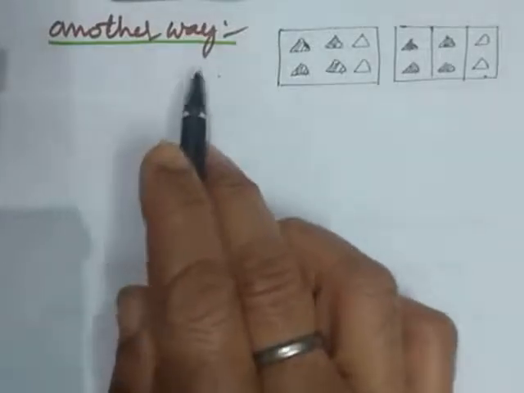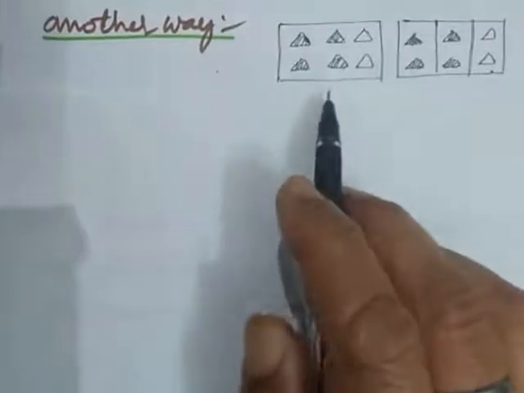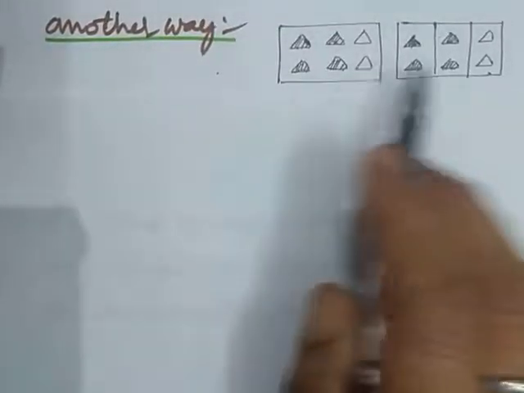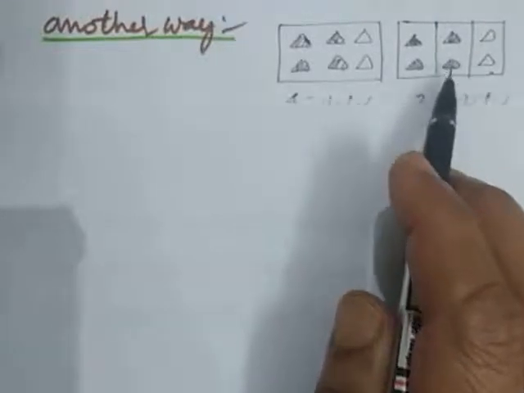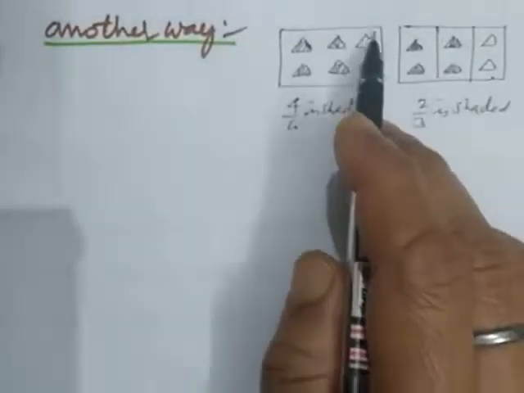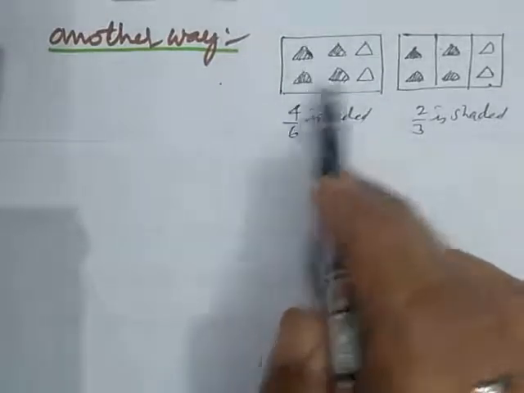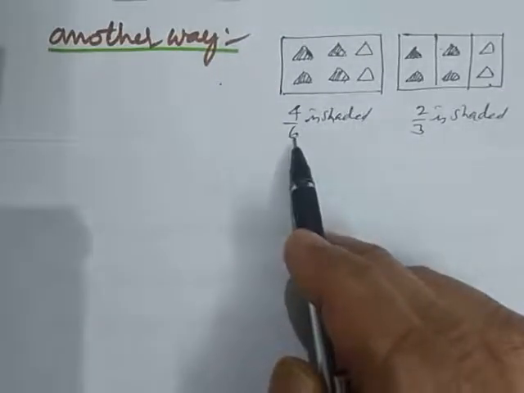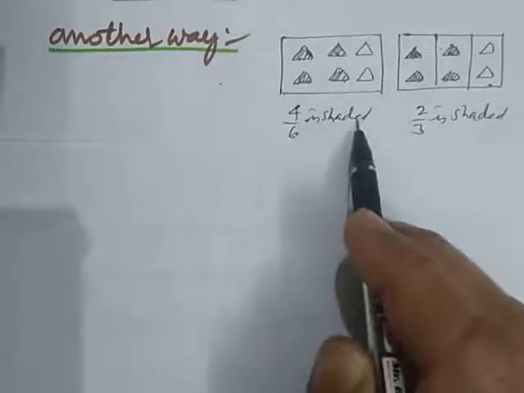Now we learn another way to get equivalent fractions. Here are two pictures. These are the pictorial presentations of fractions. Here there are a total of 6 parts and we have shaded 4. So this is 4 by 6 shaded.